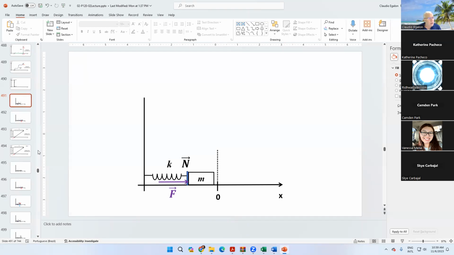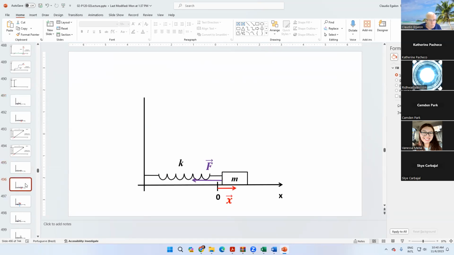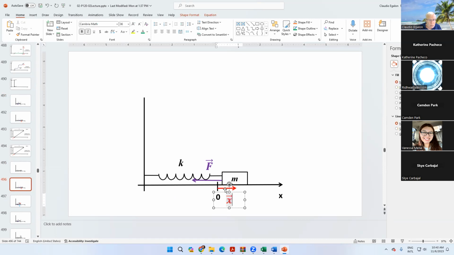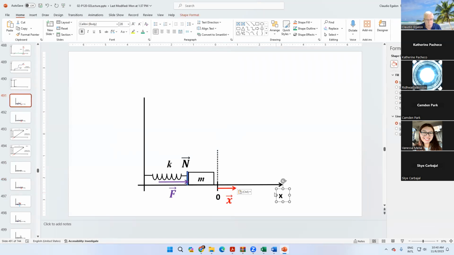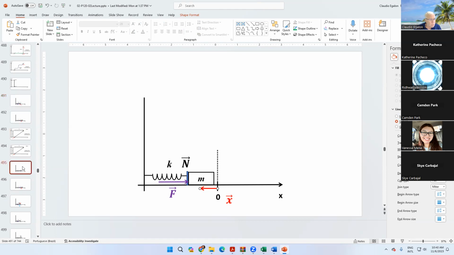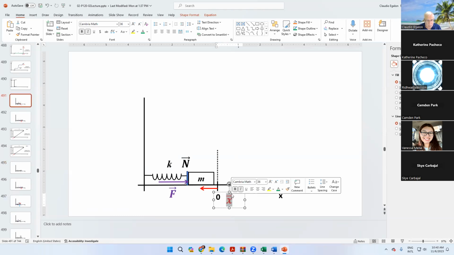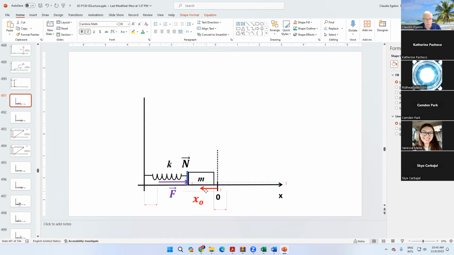And I'm going to put here the initial position, a distance X naught. Let's put it this way.